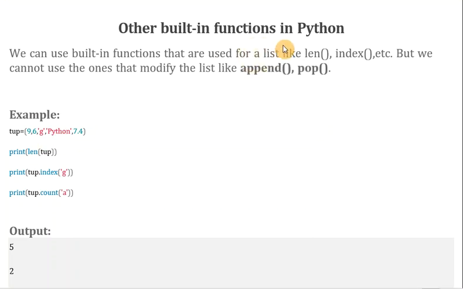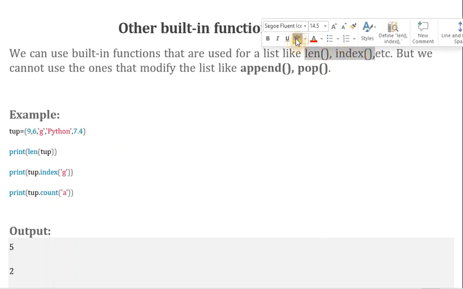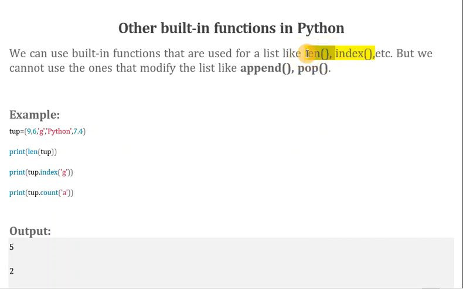But other functions like len and index we can use, because len is used just to show the size of the tuple and index is used just to get a particular element's position. So this way we have understood tuples in this episode.